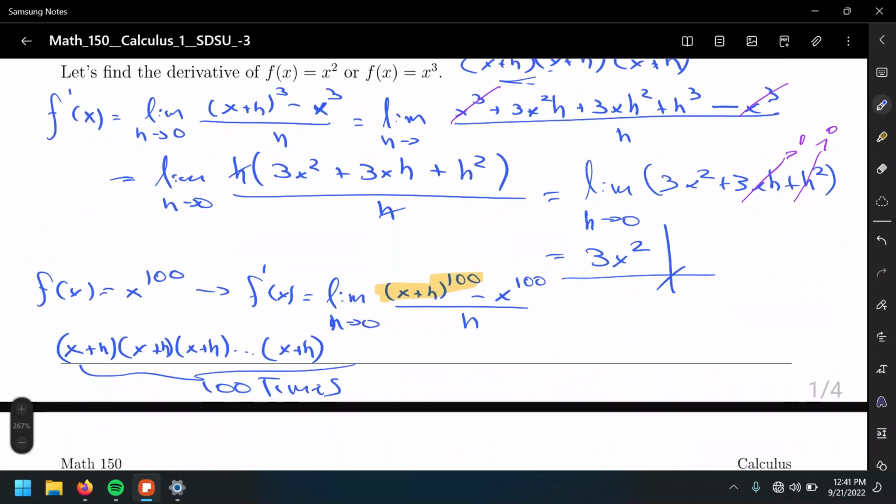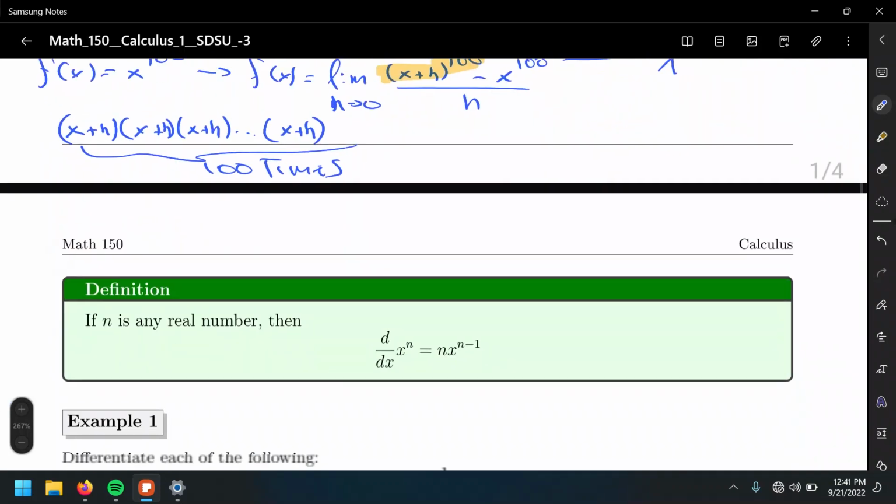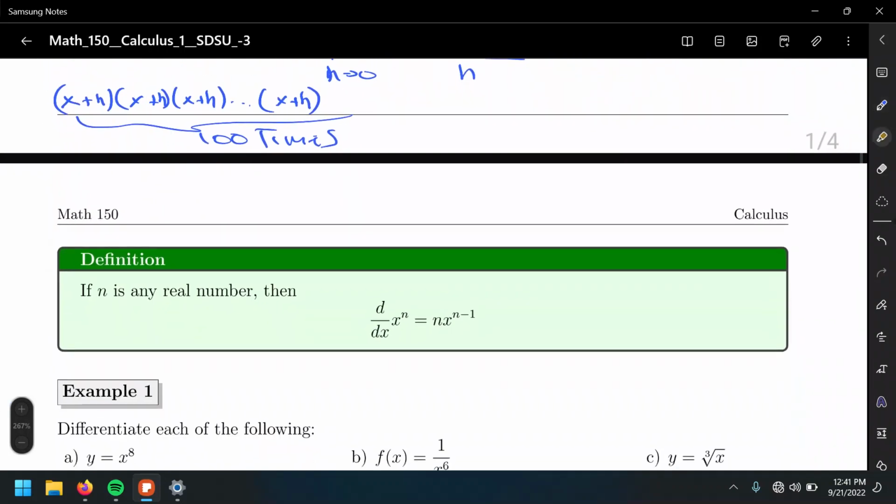Well, unfortunately, it's not practical to do this foiling 100 times. It would take, I don't know, maybe the whole weekend. But for this, we just use the general power rule. The general power rule: multiply by the exponent, and subtract 1 from the exponent.